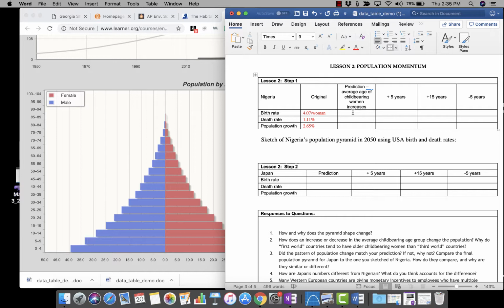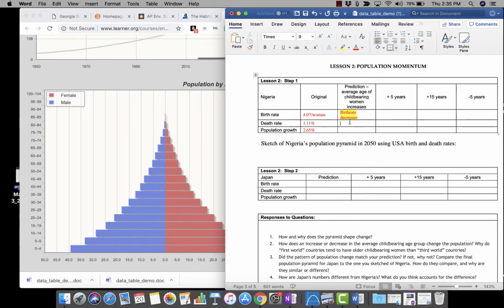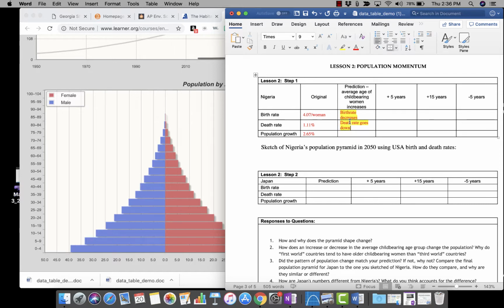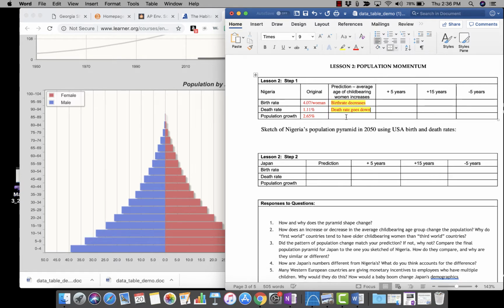I'm going to say the death rate will probably go down because you're not going to have teenage women having pregnancies. You're also not going to have as many babies born to really young mothers, which sometimes can be dangerous. And then I would say the population growth rate would decrease as well. So I'm going to say all of these decrease.